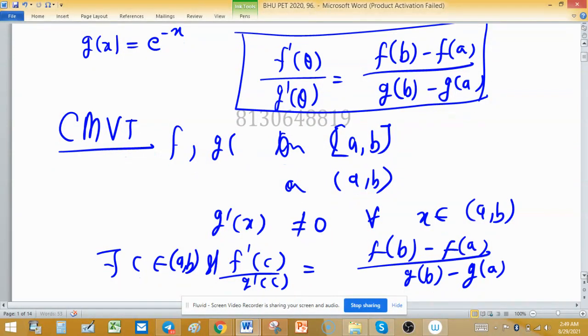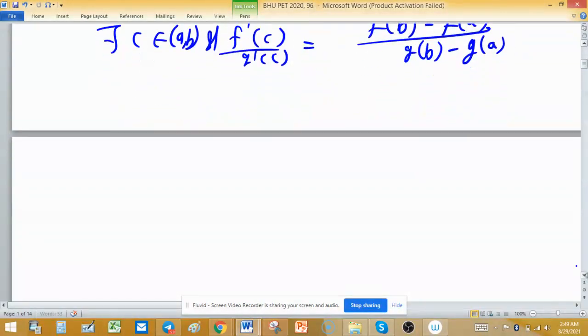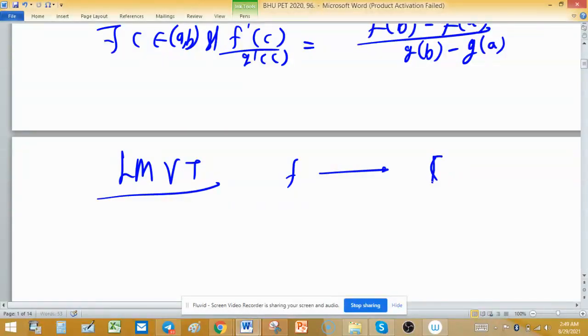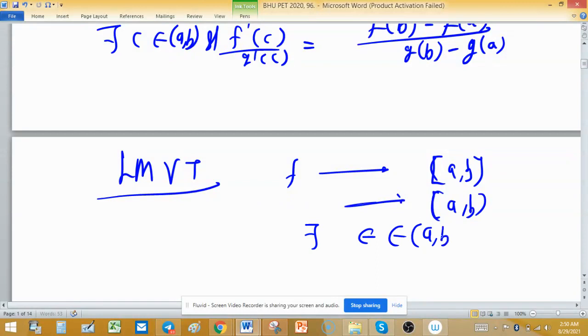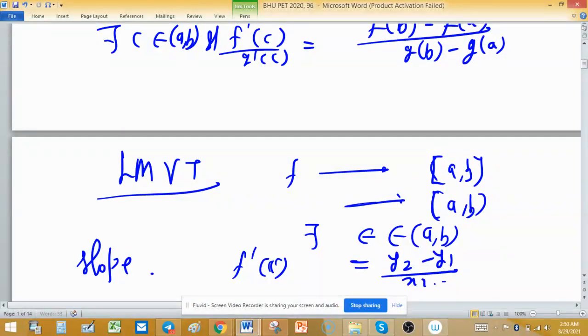So this is Cauchy mean value theorem, and this comes directly from the Lagrange mean value theorem, which says, suppose a function is continuous on closed interval ab and differentiable on open interval ab, then there exists a c belonging to open interval ab such that f dash c, which is a slope. We find slope as y2 minus y1 upon x2 minus x1 in elementary schooling.